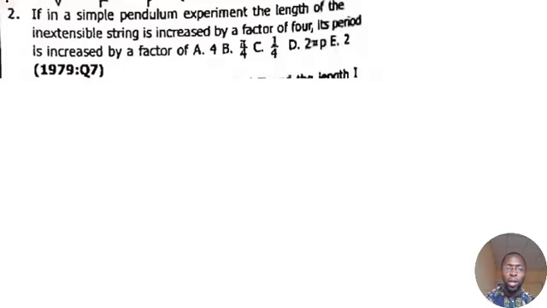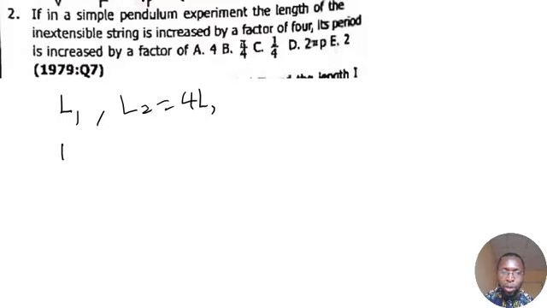So let's look at the question again. If in a simple pendulum experiment the length of the inextensible string is increased, let's say the original string is L1, increased by a factor of 4, that means our L2 is equal to 4 L1.